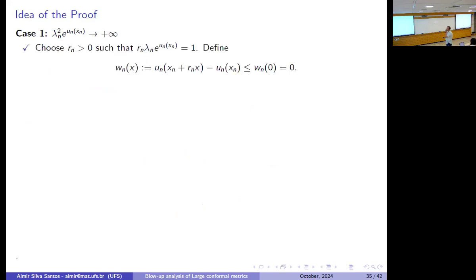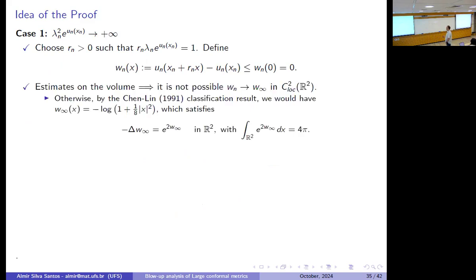The first case is when this quantity goes to infinity, and then you normalize the function in this way, which is less than or equal to 0, exactly W_n in 0.